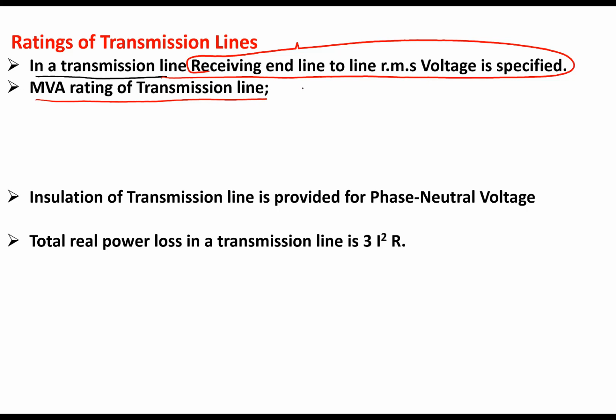So this is given by S_line equals √3 times the line to line RMS voltage of the transmission line times the current capacity of the line.